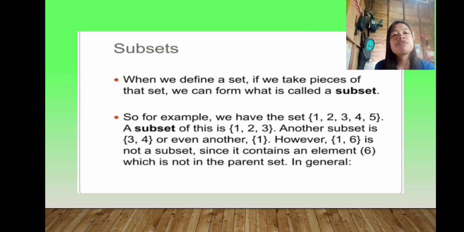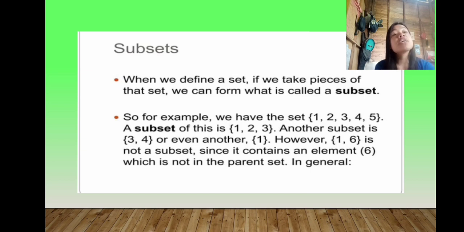Subsets. When we define a set, if we take pieces of that set, we can form what is called a subset. So, for example, we have the set {1, 2, 3, 4, 5}. A subset of this is {1, 2, 3}. Another subset is {3, 4}. Or even another one. However, {1, 6} is not a subset.